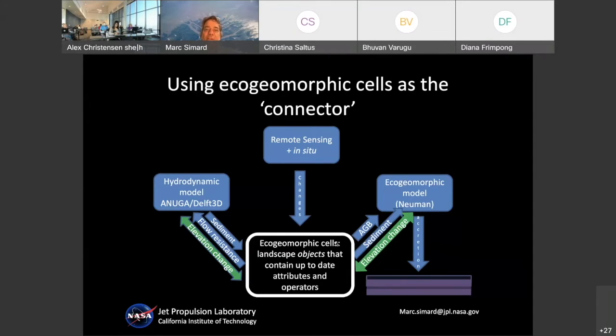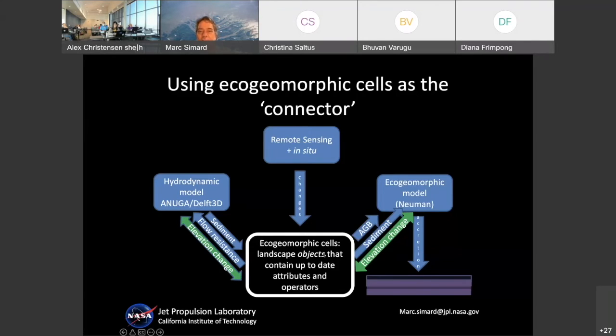So we have the remote sensing and in situ data that comes in and populates those cells. And we have the hydrodynamic models that use whatever information is available here to run the model and also give feedback into those cells.